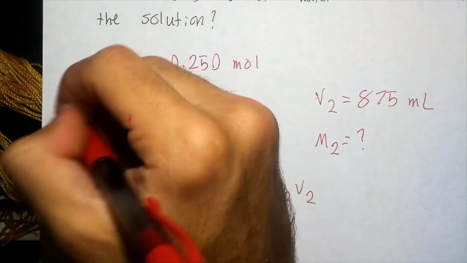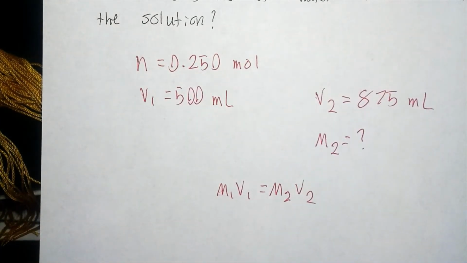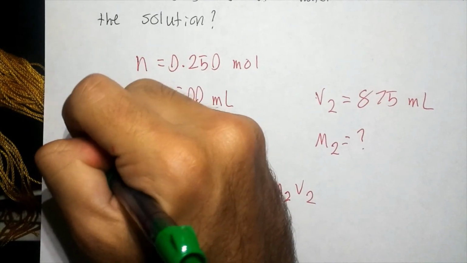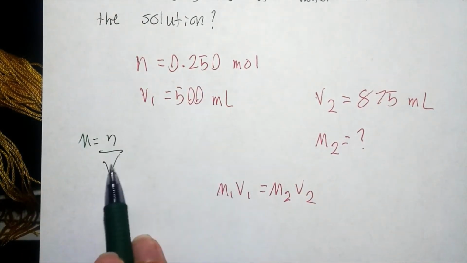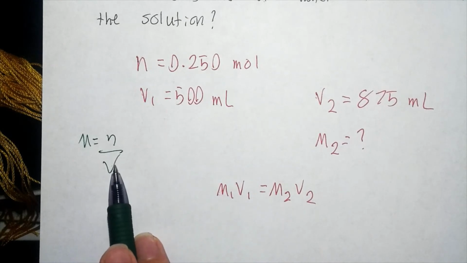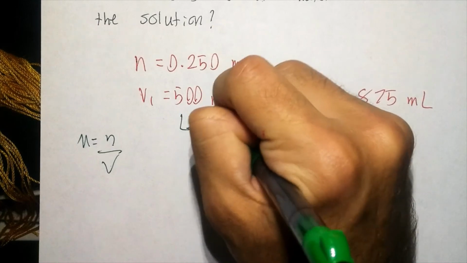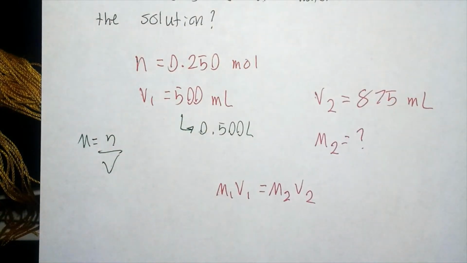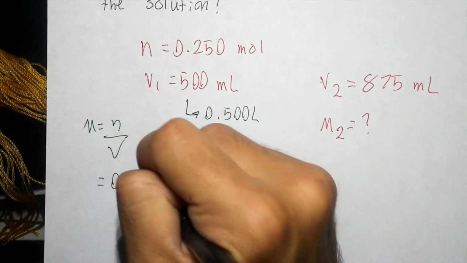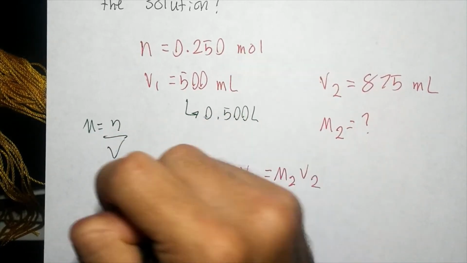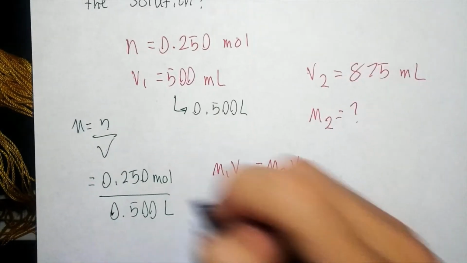That means that I can just plug that into the molarity equation. Remember that the molarity equation is M is equal to n over V. We have n. V just needs to be converted into liters. That's a pretty simple operation. This is going to be 0.500 liters. And now we can just plug and chug everything. So you would have 0.250 moles over 0.500 liters.